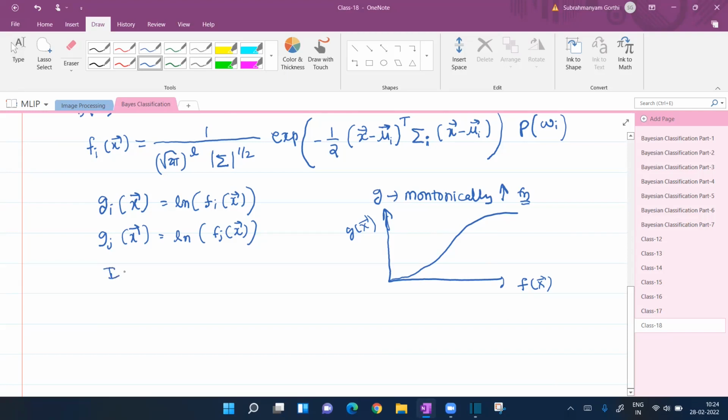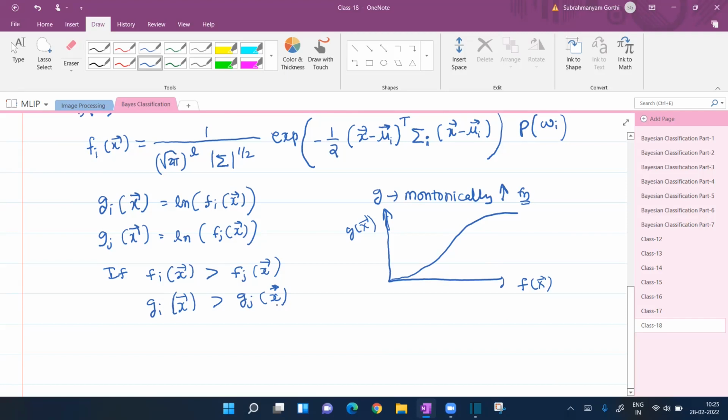If f i of x bar is greater than f j of x bar, then g i of x bar is also greater than g j of x bar. Whatever transformation is applied, the relative order is preserved. Same with less than, same with equal.